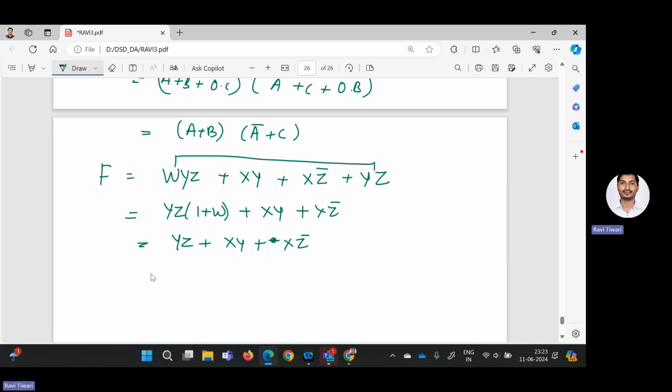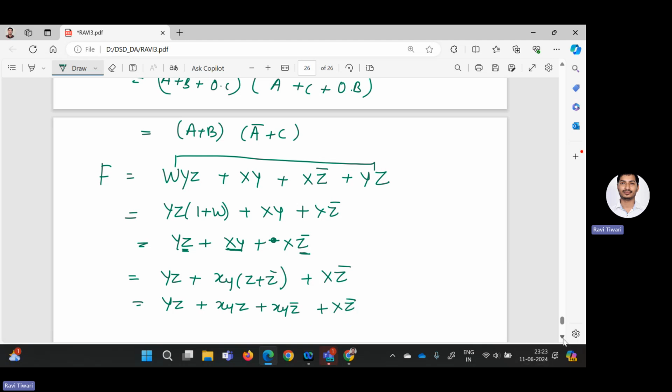So if Z is complemented, so Z bar is here, Z is here. So between here in X Y, we need to include the Z plus Z bar. So Y Z plus X Y, here I should include Z plus Z bar plus X Z bar. So this is Y Z plus X Y Z plus X Y Z bar plus X Z bar.